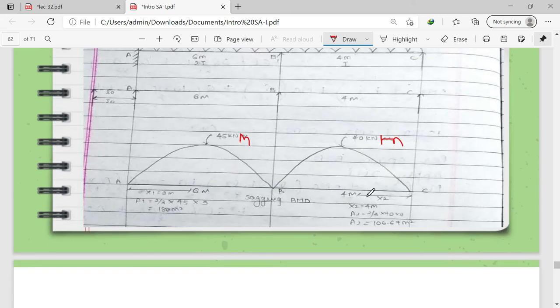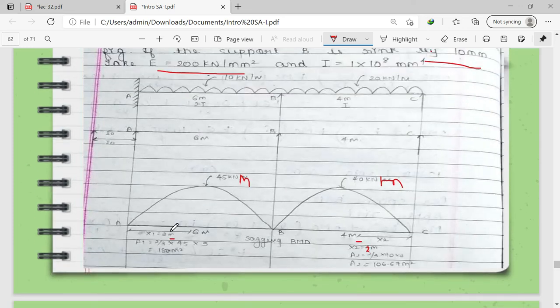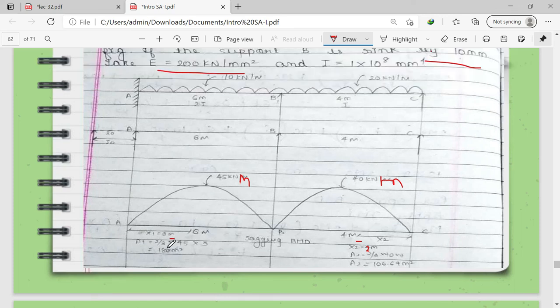You can calculate X bar equal to 3 meter, acting at the center, and X2 bar as 2 meters. Now the area is 2/3 base into height, 2/3 into 45 into 3, the answer is 180, and here the area is 106, half into base into height.